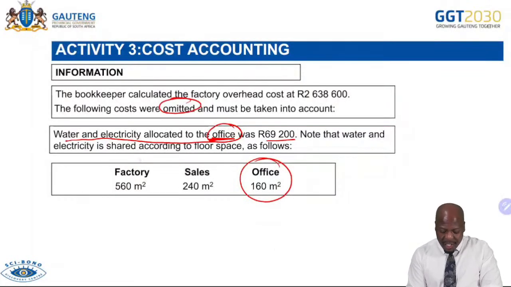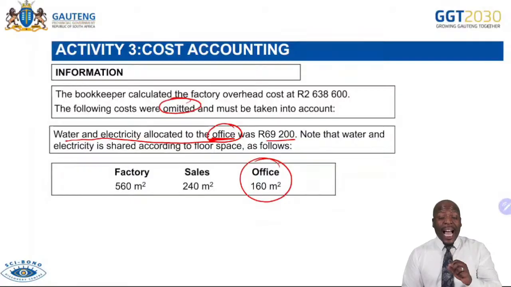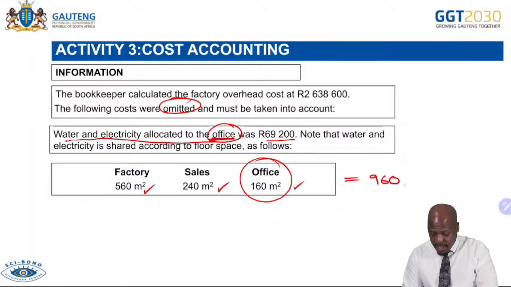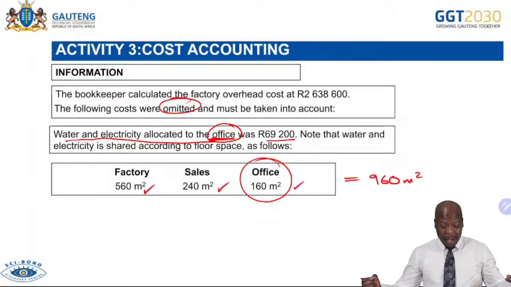Note that water and electricity is shared according to the floor space as follows. So the first thing we need to know is how much is our entire floor area. So we're going to say 560 plus 240 plus 160. That is going to give me 960 square meters. This is the entire property.